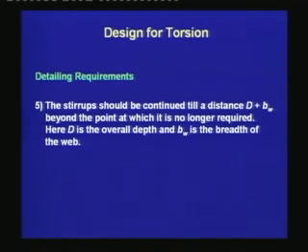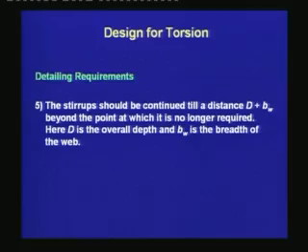The fifth requirement is the stirrups should be continued till a distance d plus bw beyond the point at which it is no longer required. Here d is the overall depth and bw is the breadth of the web.